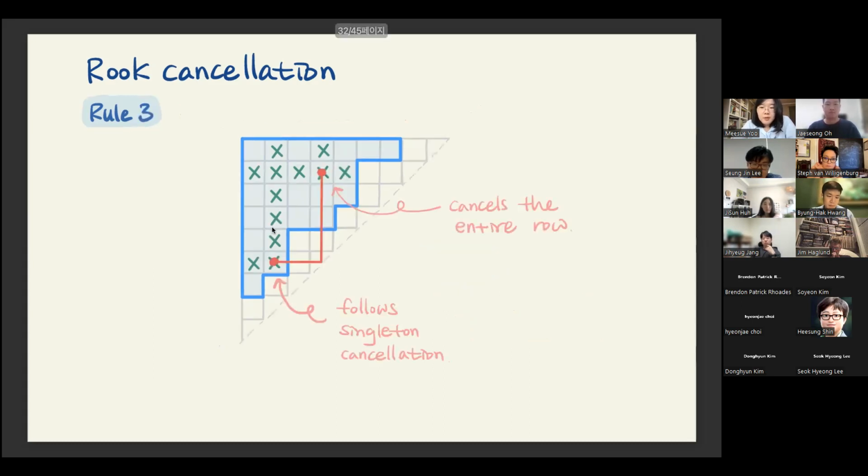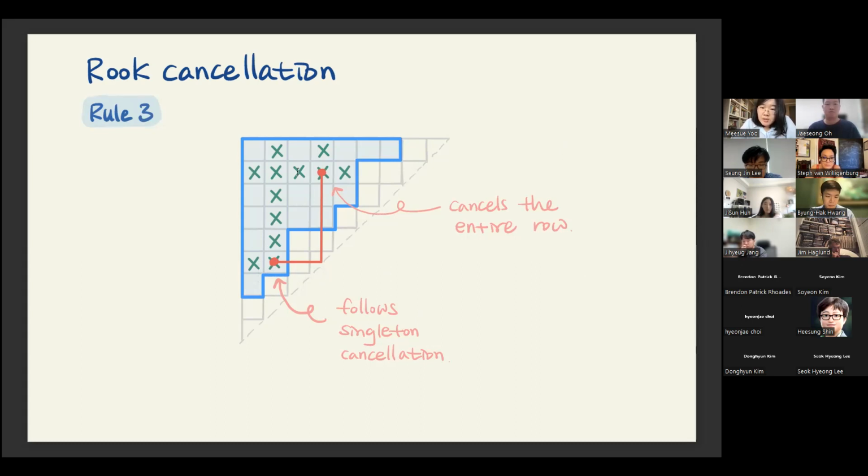Now we have linked rooks, so we need to have linked rook cancellation as well. Say we have a linked rook, and the left and bottommost rook does the singleton cancellation, meaning it cancels the cells above and to the left. And from that on, the rooks connected to this one, to the right and above, will cancel the entire row containing that rook.